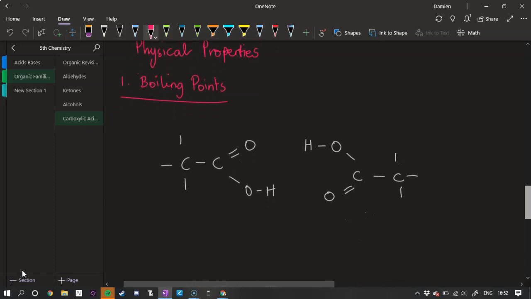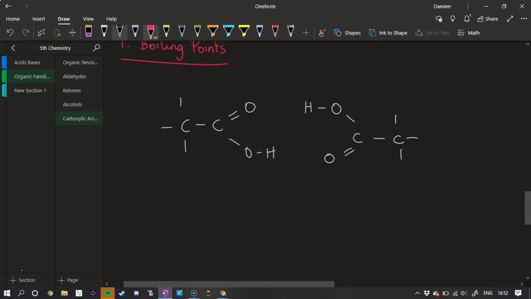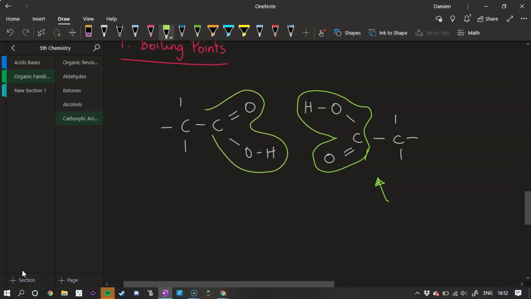Both of these are ethanoic acid. The only difference between the two of them is that the molecule on the right has been flipped backwards and upside down. You still have the C double bond O and the OH group as well. So these two groups are lined up against each other. They're exactly the same group.